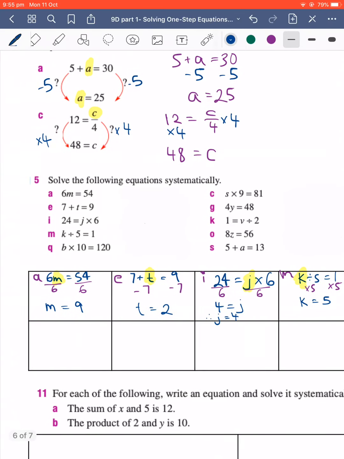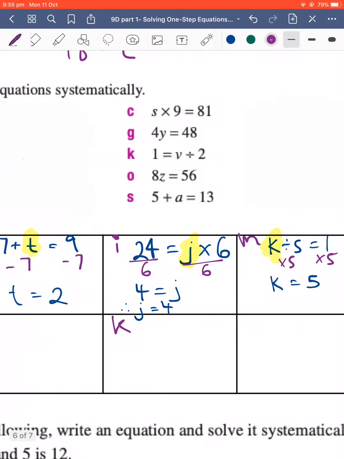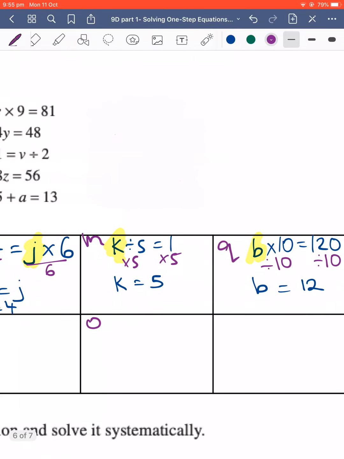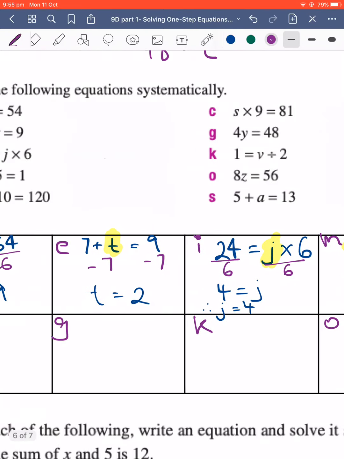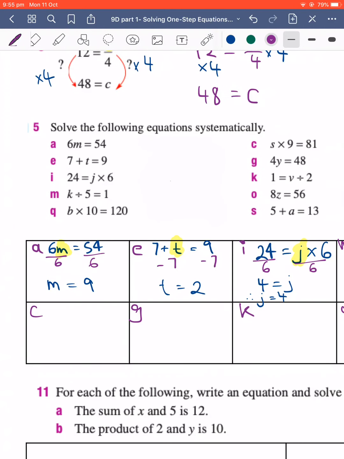Okay, on to our B group questions. So I've got letters C, G, K, O, and S. First question we've got there is S multiplied by 9 gives us 81. I want just my pronumeral of S by itself on that side.